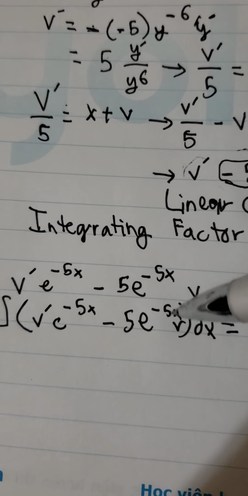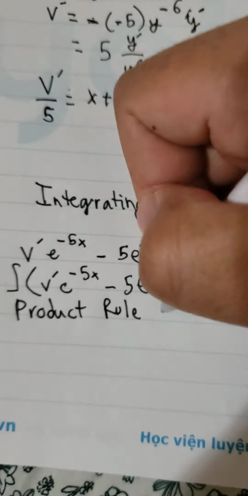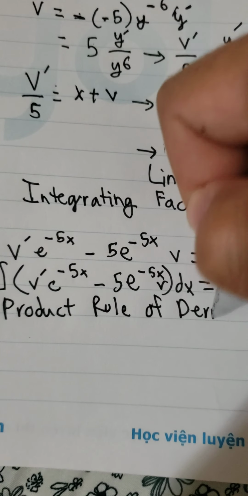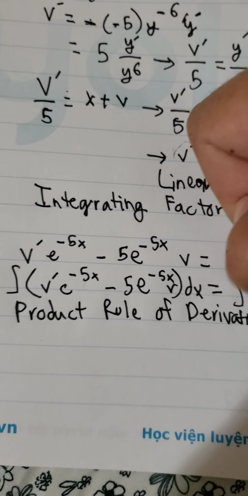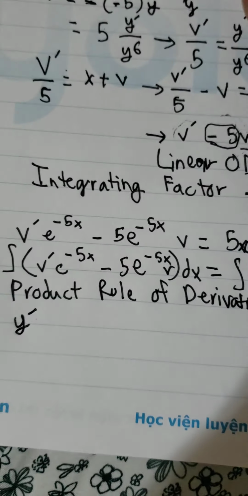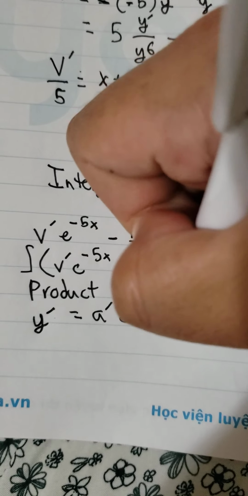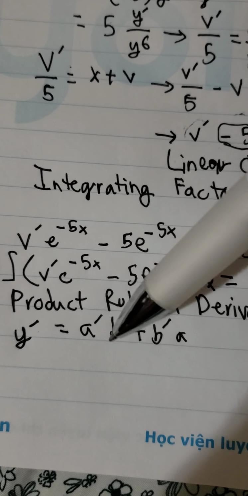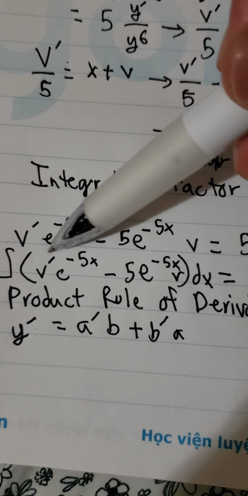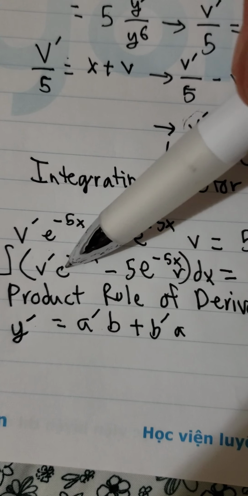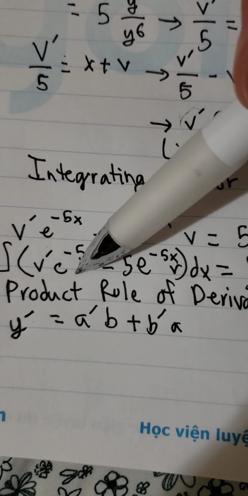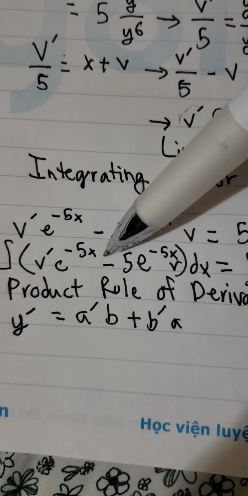For this one, we can apply the product rule of the derivative. So we have the first derivative of y, that is like this. Now, if we look carefully, this is the first derivative of a multiplied by b, that is e to the power of negative 5s.